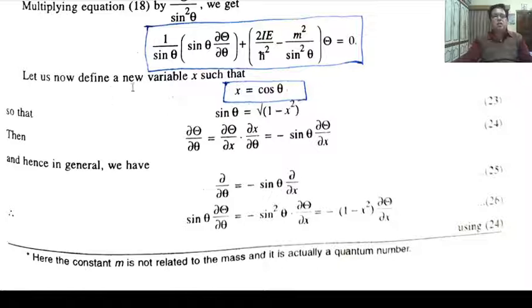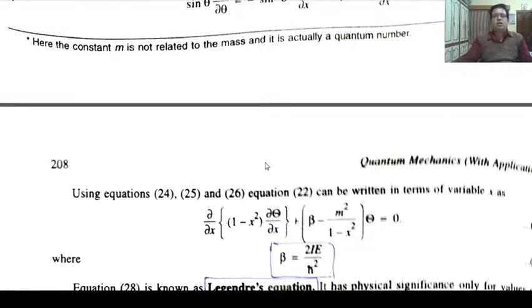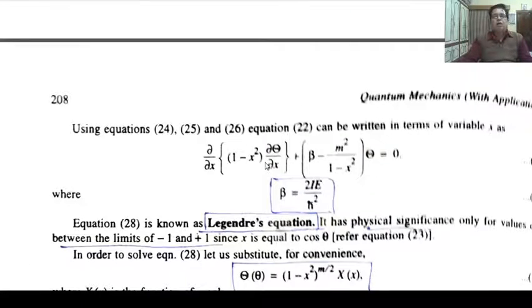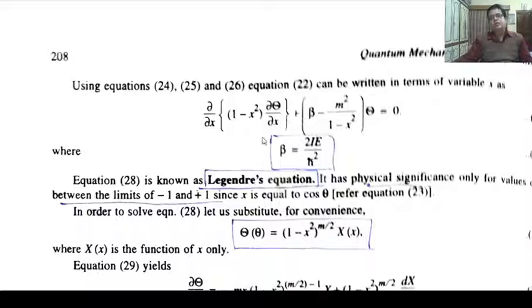Let us now define a new variable x such that x equal to cos theta, so sin theta equal to under root 1 minus x square. So d capital Theta upon d theta becomes this, and you can easily convert this equation into x.